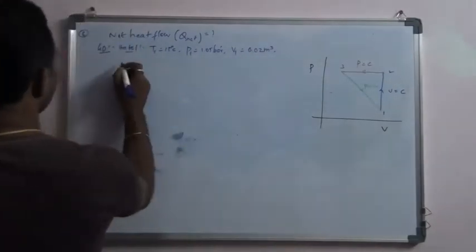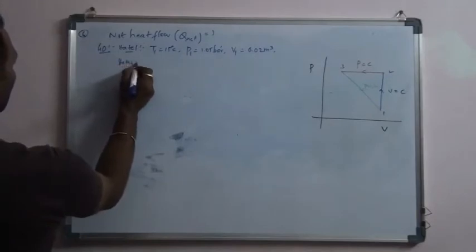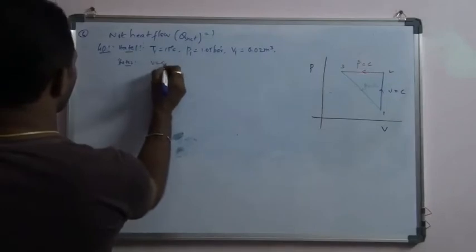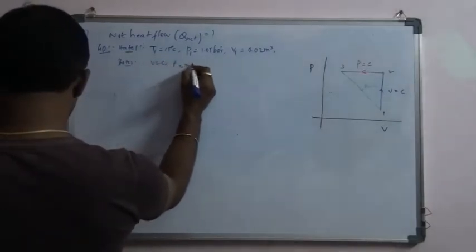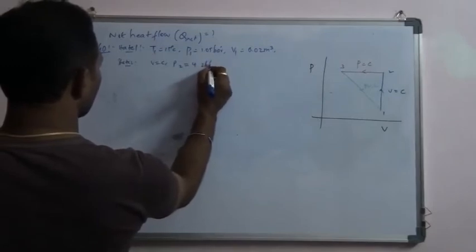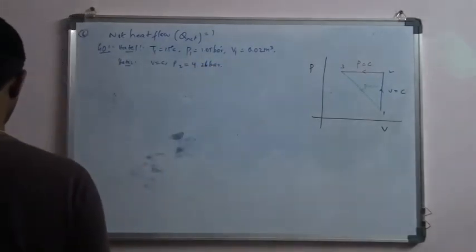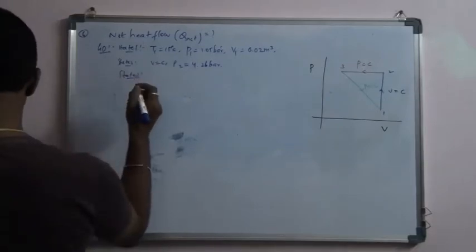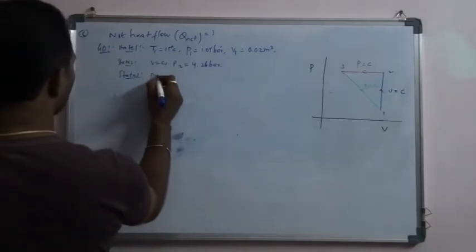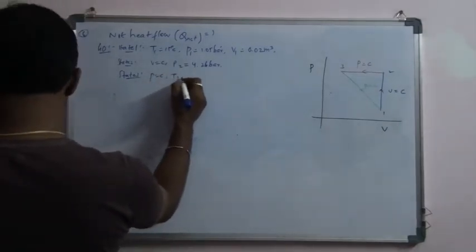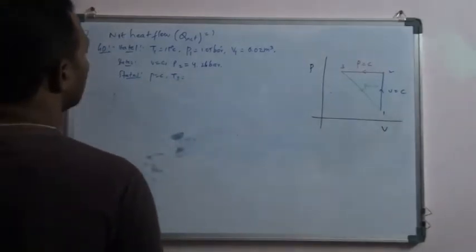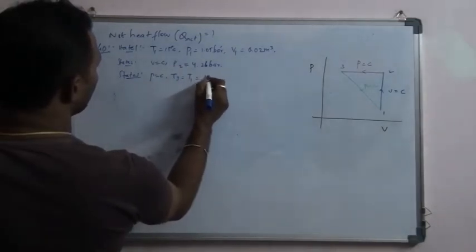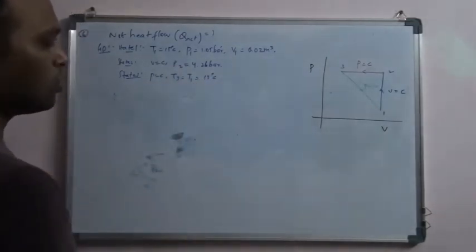At state 2, the volume is constant and P2 is given as 4.26 bar. At state 3, the pressure is constant and T3 is the original temperature, so T3 equals T1, which is 15 degrees centigrade. These are the given data.